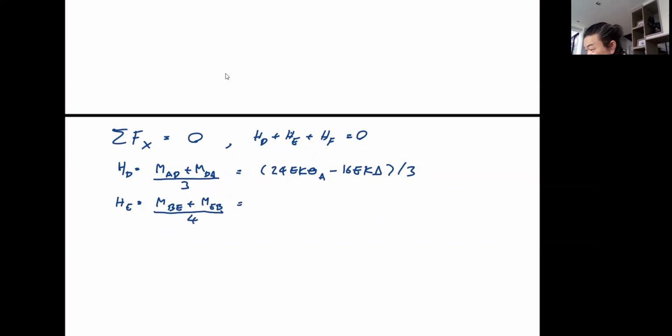If it helps, let's just draw the free body diagram around here, maybe. That's the same free body diagram for all three columns. So here we have 18 EK theta B. Notice that this one has only theta A and delta. This has theta B and delta.